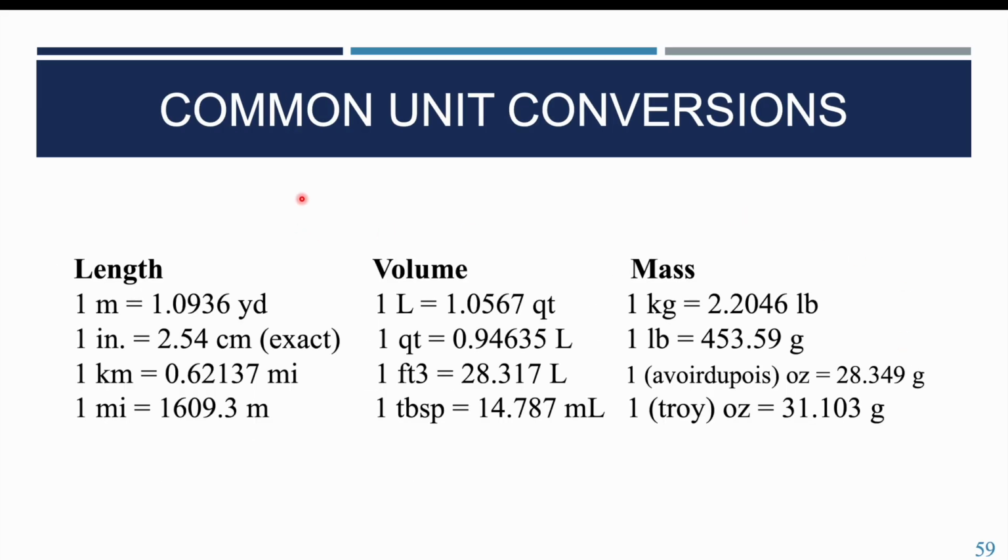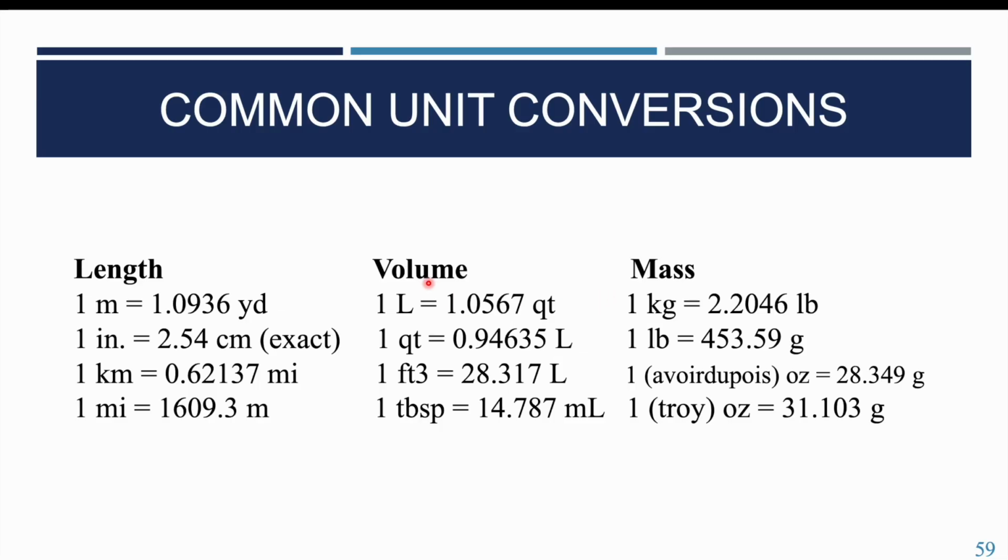These are some common conversions that we're going to be using. Again, I'm going to be making a little bit of a cheat sheet for you that's going to have some of these on it, and some equations as well, that you'll be able to use to figure out exactly what you need in order to convert things. You don't have to memorize everything, especially things where you go from imperial to SI units.